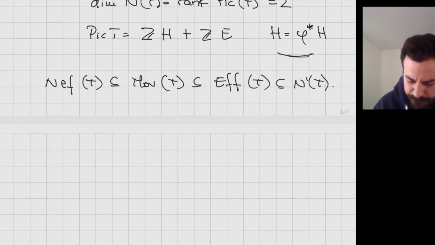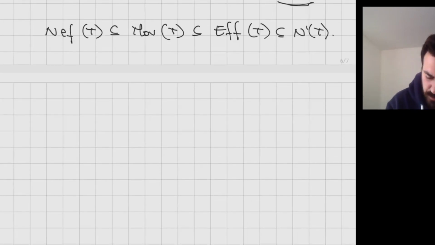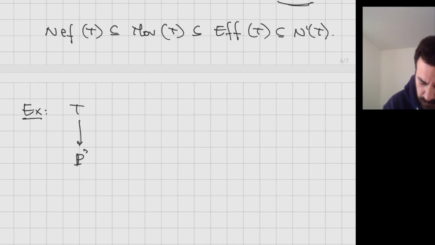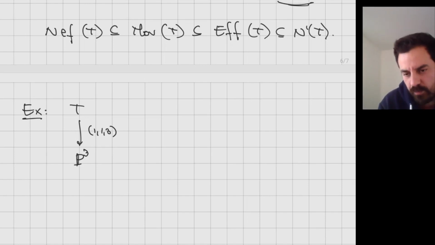Okay, example. We started with, let's look at our (1,1,3) blowup of P3. N1 of T has this very natural decomposition, and the question is, what is it in this case?